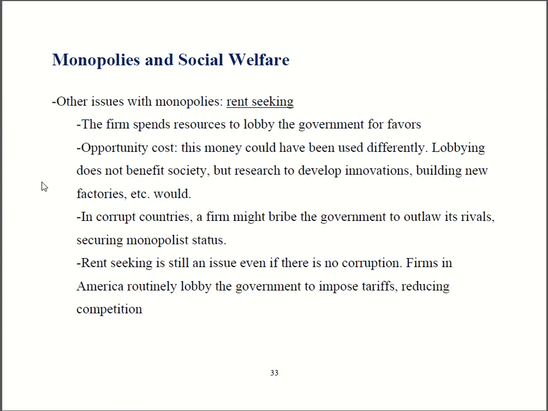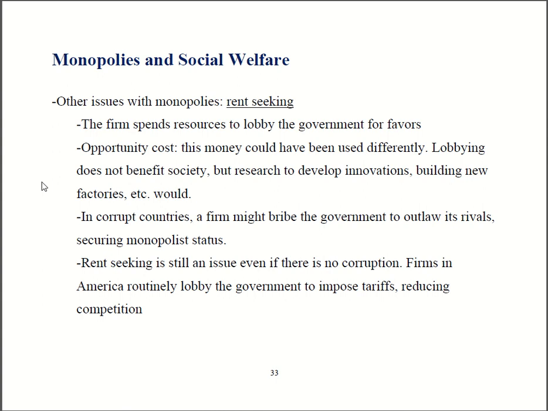The firm could have spent that money to research new innovations that could have helped out growth, that could have helped out the economy. Or the firm could have spent money to invest in a new manufacturing plant that could have also helped out society through jobs and things like that. That could have helped, but instead the money is spent lobbying the government. That is not helping anybody. So that's an inefficiency.